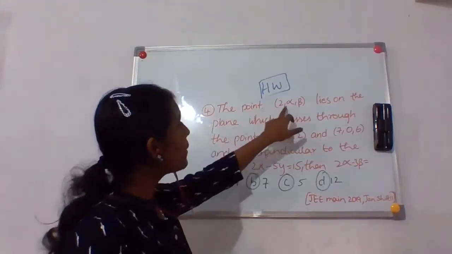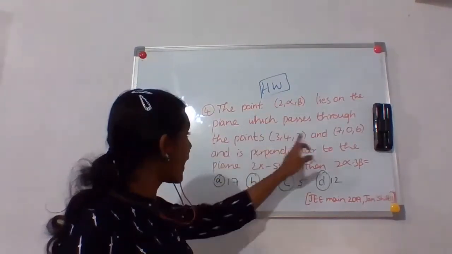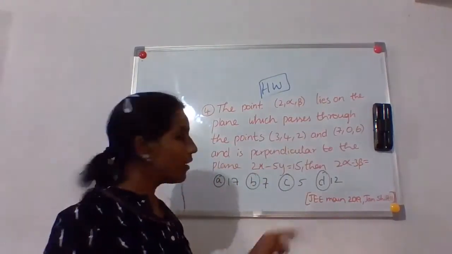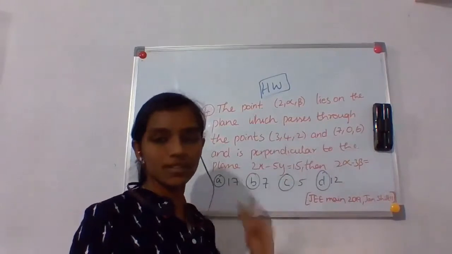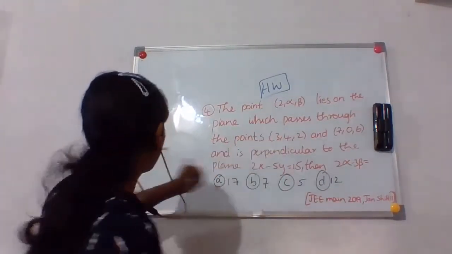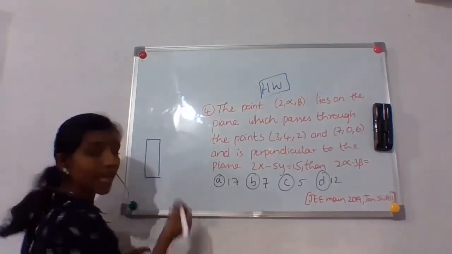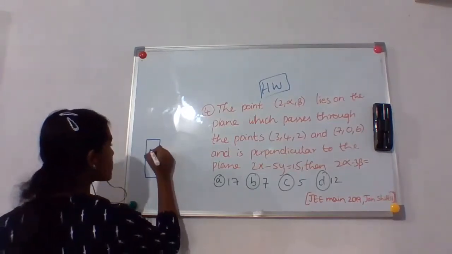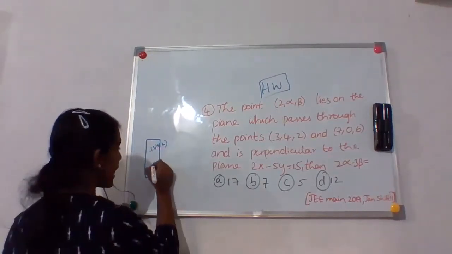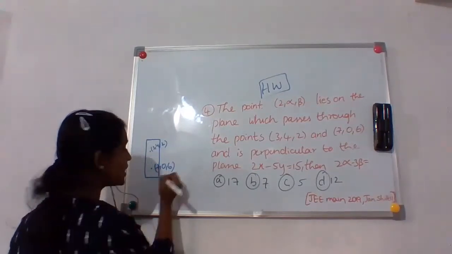The point (2, alpha, beta) lies on the plane which passes through the 2 points and is perpendicular to the plane. Then you need to tell what this relation is. So, what is it? I have a plane, and on this plane there are 2 points situated: one point is (3, 4, 2), and the other point is (7, 0, 6).